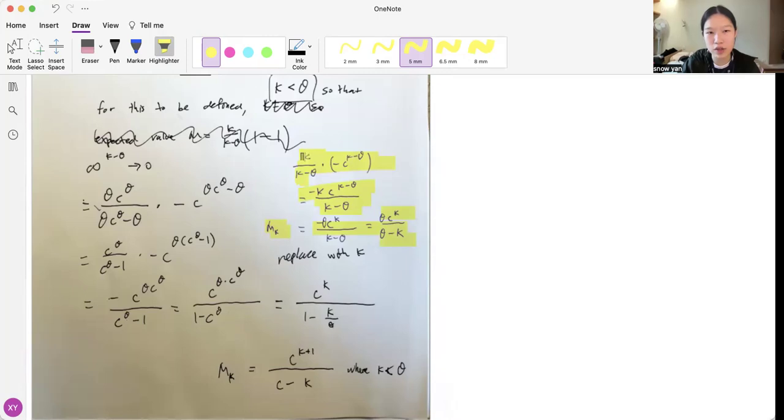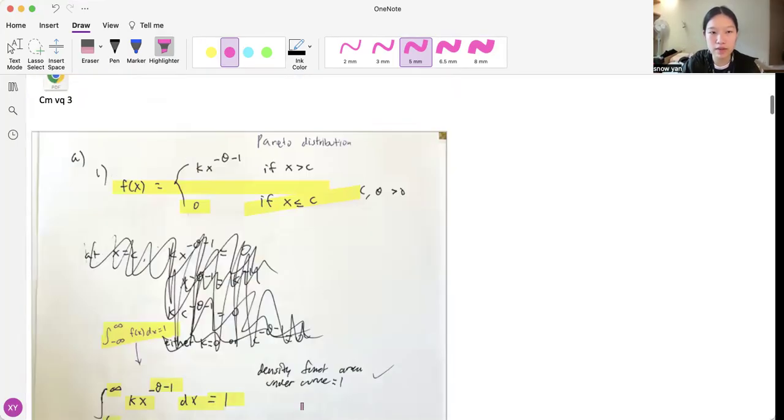I replaced the top k with theta c to the theta, which I did earlier, so I could cancel out this term. Then I moved the negative sign by swapping the order, and I get this form, which looks slightly nicer. But it doesn't matter which way I do it, ultimately. So that's it for this question.